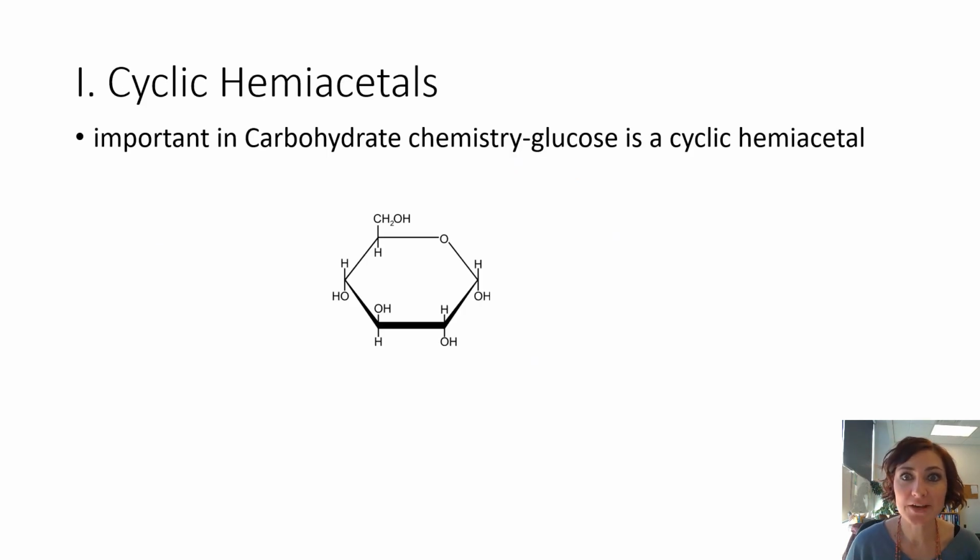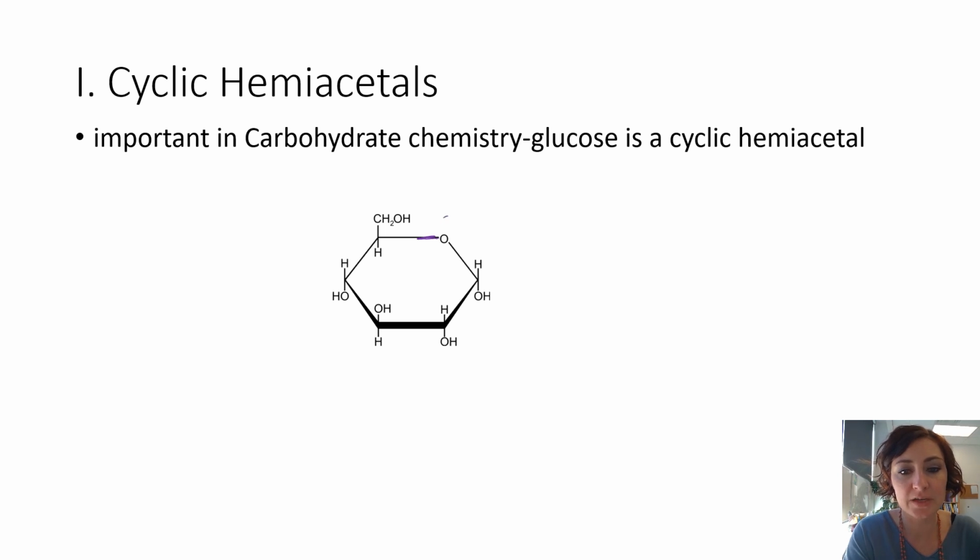All right, so why should you care about cyclic hemiacetals? Cyclic hemiacetals are vitally important in life. Glucose is a great example of a cyclic hemiacetal. Carbohydrates are full of cyclic hemiacetals, whether they are polysaccharides or monosaccharides or disaccharides, they're all full of these cyclic hemiacetals. Just to give you an example, because it is a little hard to visualize these at first, look for this is your OR group right here.